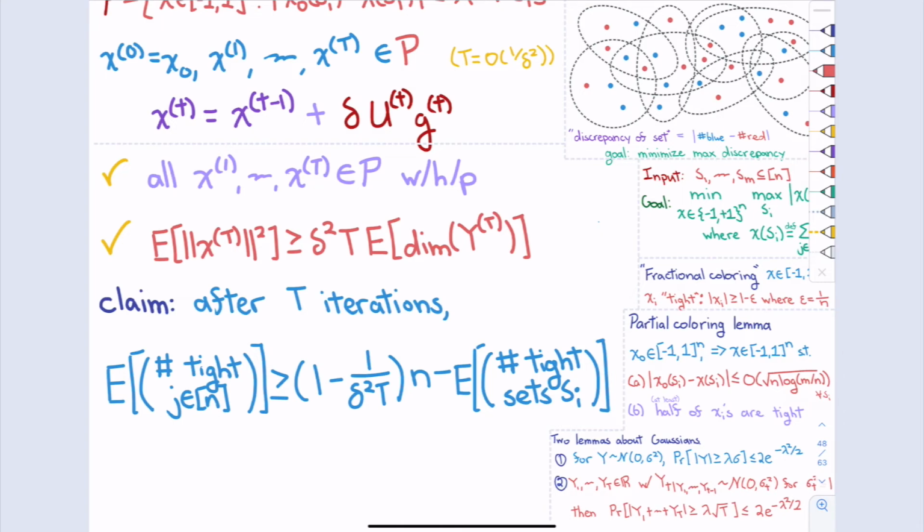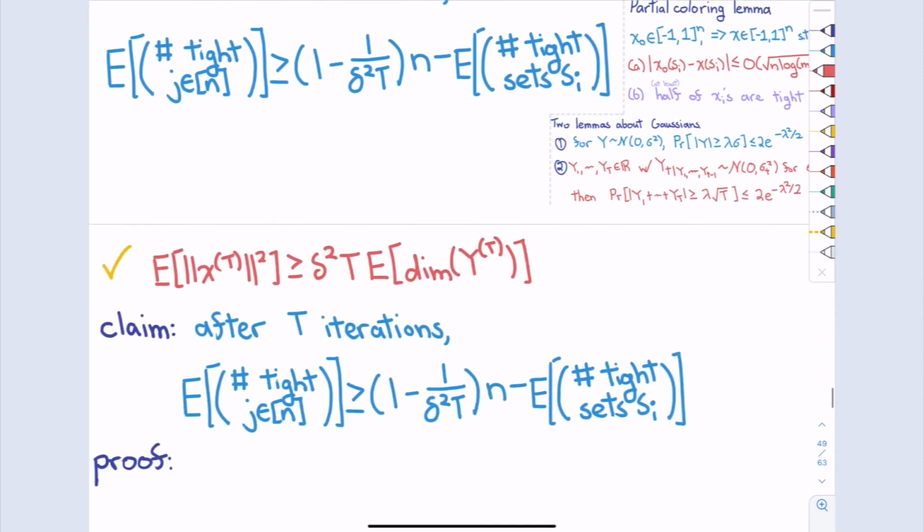But if I had a lot of tight sets, these dimensions would suddenly become much smaller, and I wouldn't be making progress on the length, and I wouldn't have a bunch of tight stuff. So if I don't have any tight sets, then I'm more likely to have more tight coordinates because those dimensions will be very big. Let's see that play out.